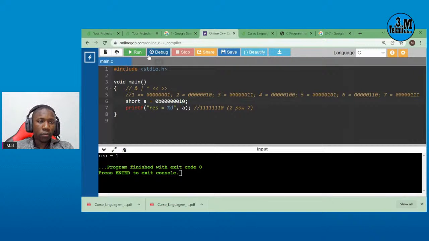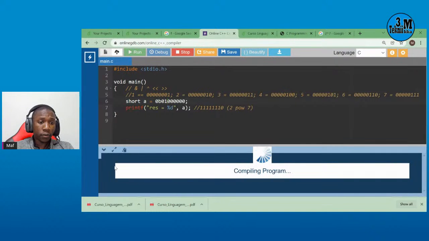Then this is 4, and so on, and so on. Double. This is 1, 2, 4, 8, 16, 32, 64. This is 64.